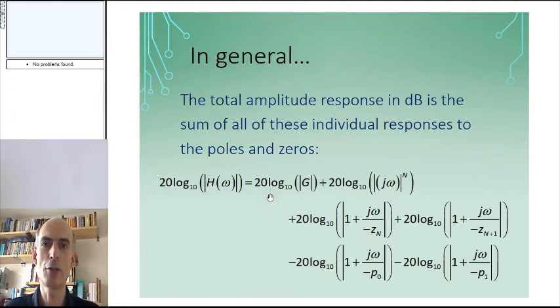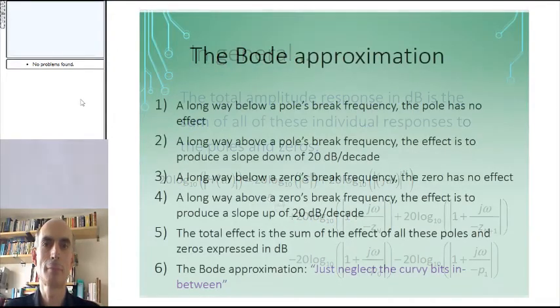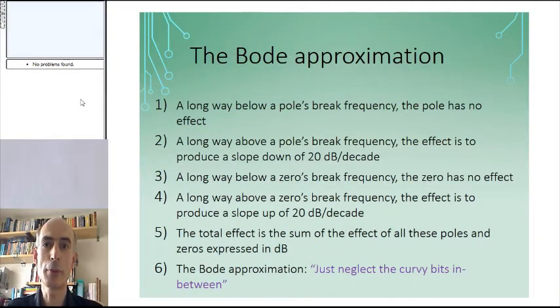We're now ready to introduce the Bode approximation. The Bode approximation is just to note that the total amplitude response is the sum of all of these individual contributions, and that at frequencies below the break frequencies of the poles and the zeros, it's very easy to determine what that contribution is.